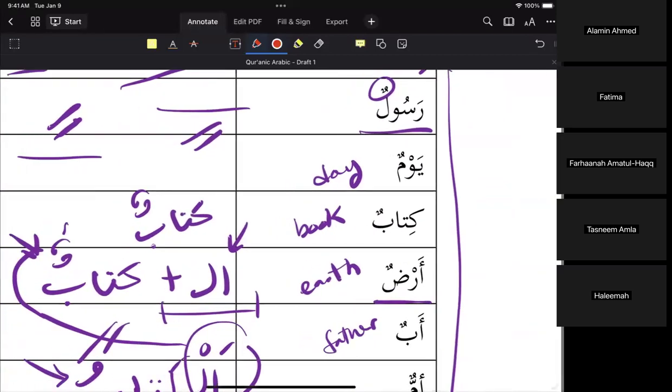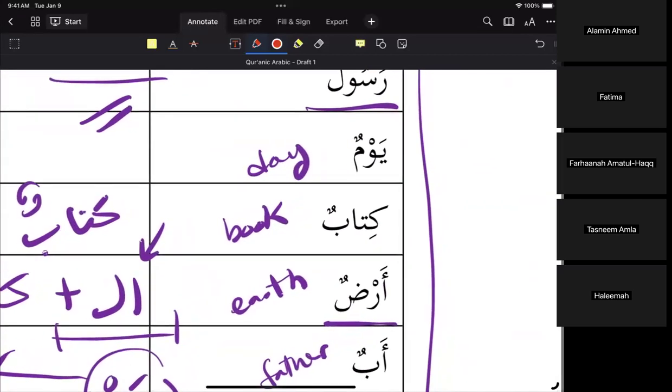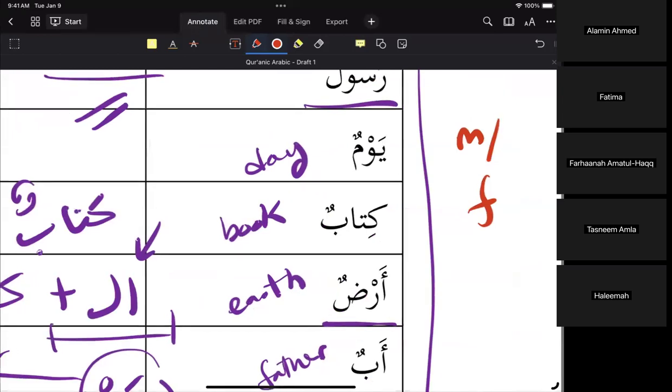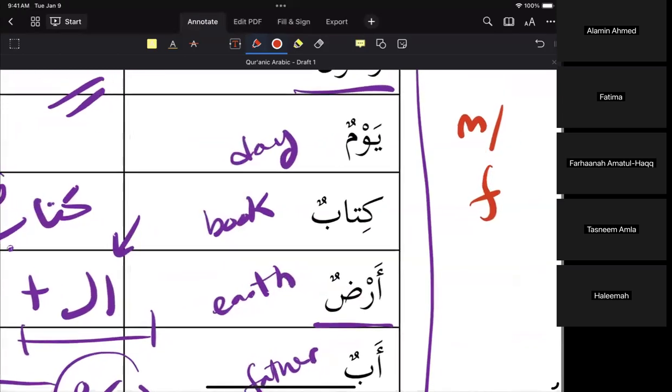I will randomly give you some words, and just quickly type M for masculine and F for feminine. In the next exercise we will convert them.